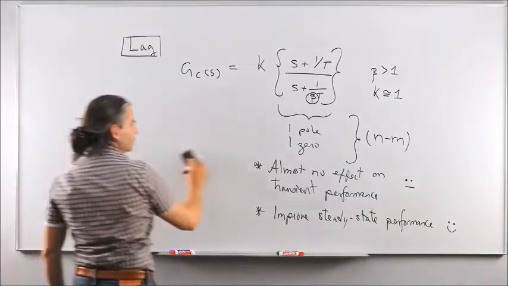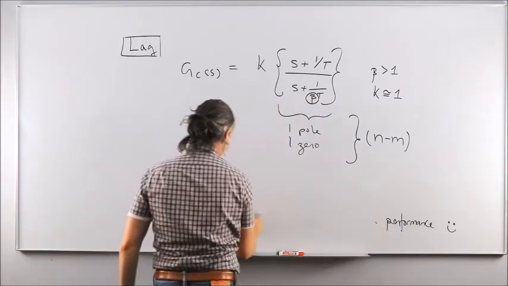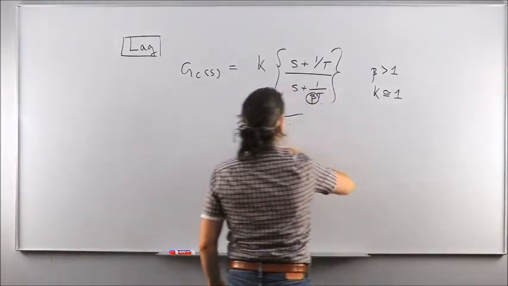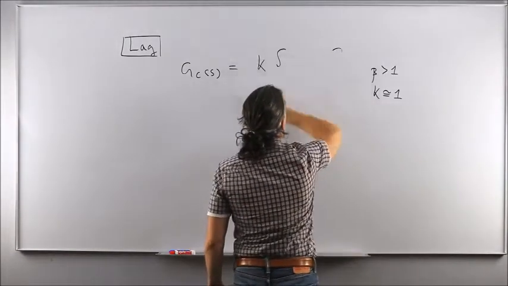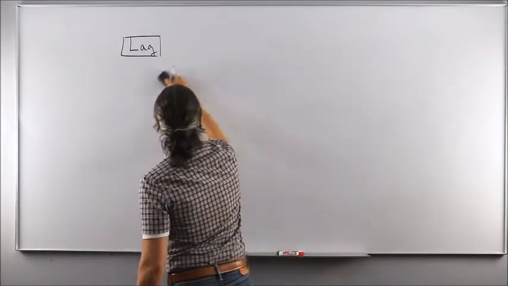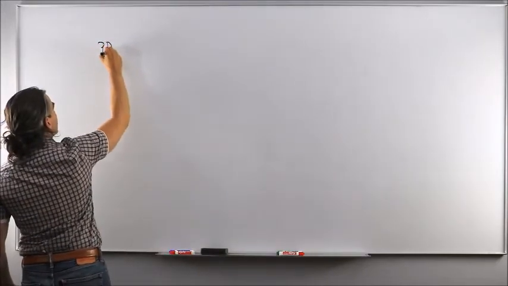Now, one thing I wanted to do here is go back to a PD controller. Although we've used plenty of times a PD controller in this course, I still want to go back to it and make the connection between a PD controller and a lead compensator so that we better tie all things together. Okay?